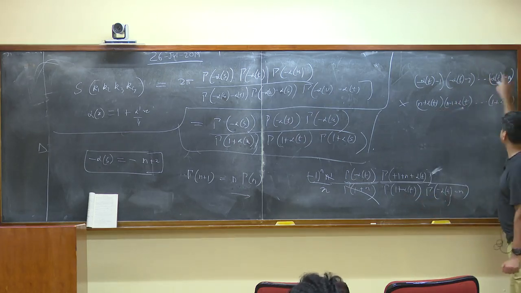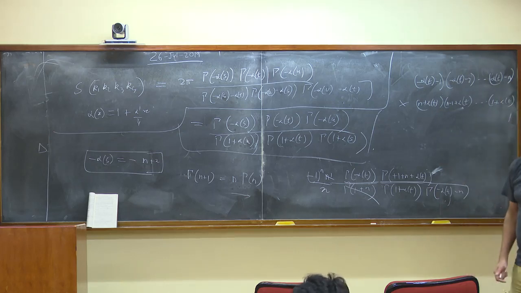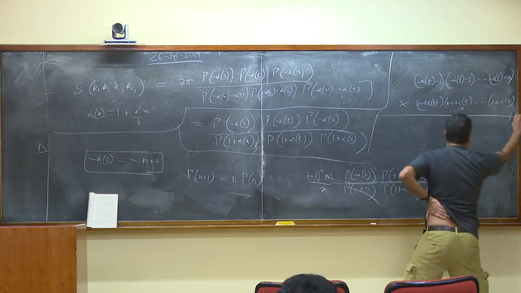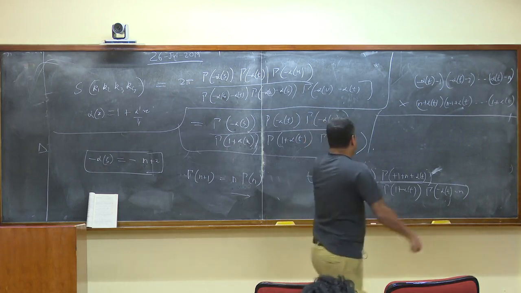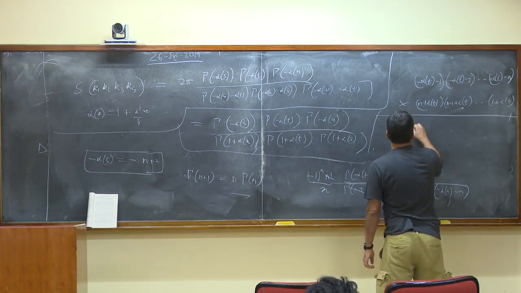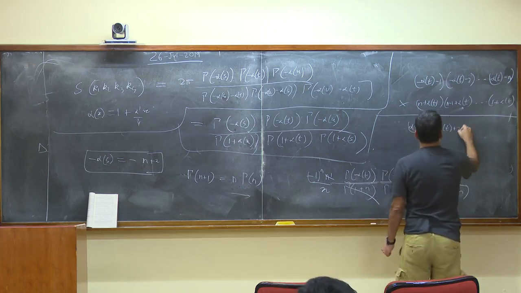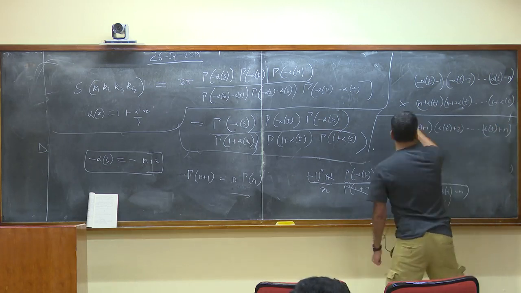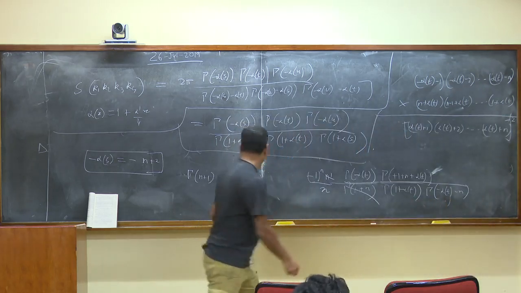Now notice that these are actually the same, up to an overall minus 1 to the n. Is that clear? That minus 1 to the n cancels this minus 1 to the n. Okay, and so what we get in the end is a very simple residue. These gammas have gone away, and the residue is alpha of t plus 1 into alpha of t plus 2 up to alpha of t plus n, the whole thing squared, divided by x.